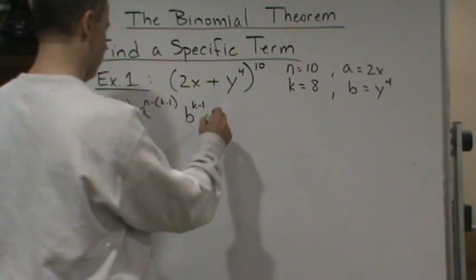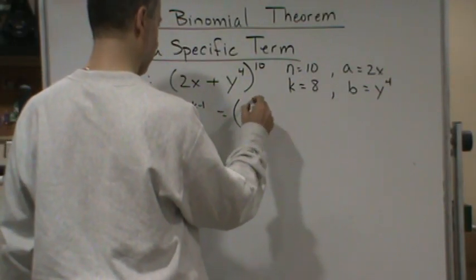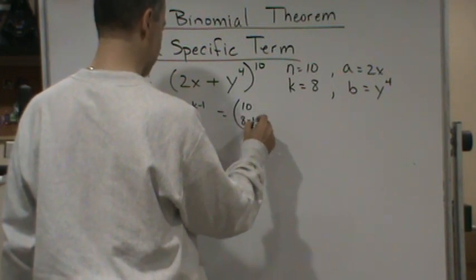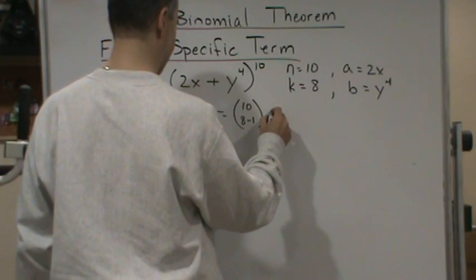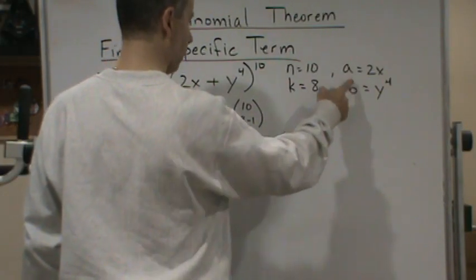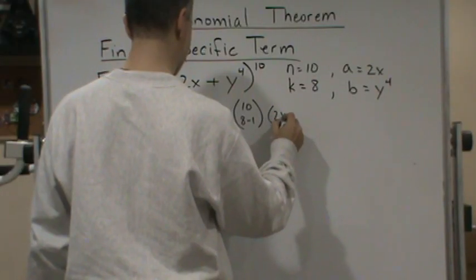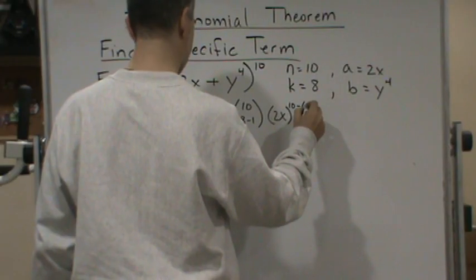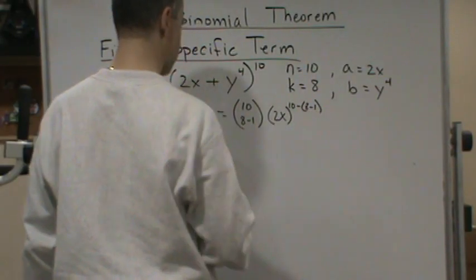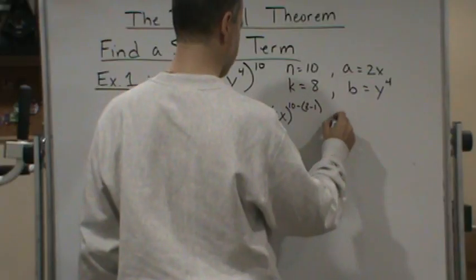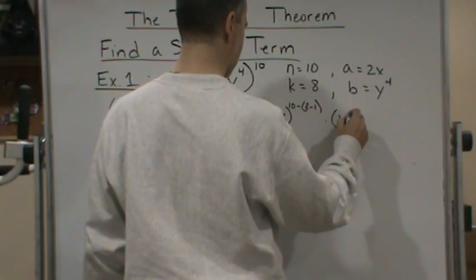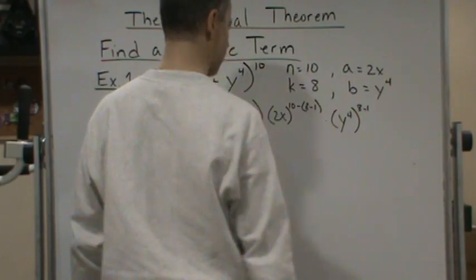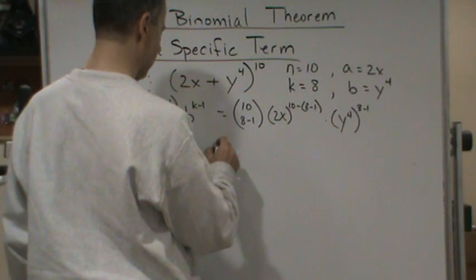So this is now equal to 10 choose 8 minus 1, and then a is 2x, so it's going to be 2x to the 10 minus (8 minus 1) power, times b, which is y to the 4th, raised to the 8 minus 1 power.